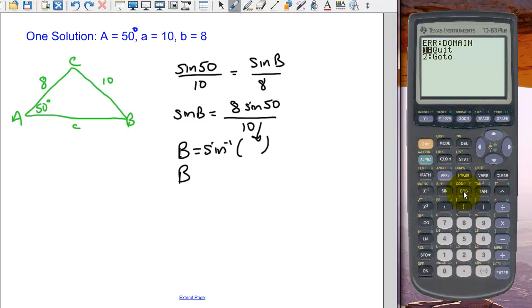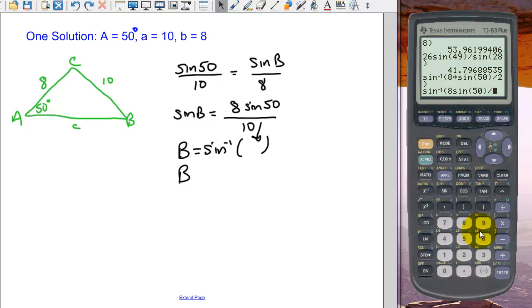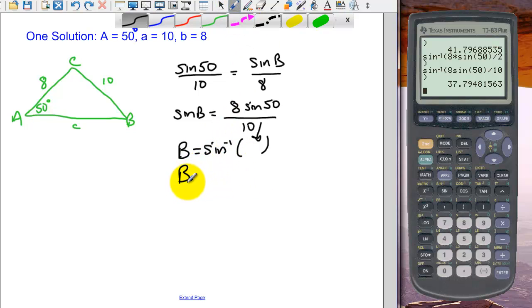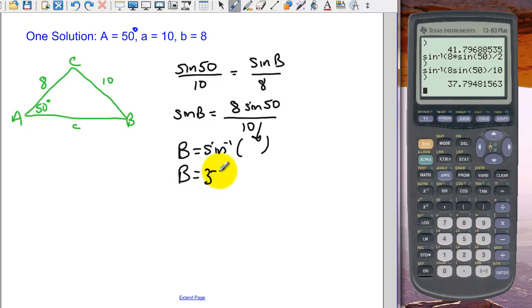So if we use our calculator here, we have the inverse sine of 8 times the sine of 50 divided by 10, and we get our acute solution, which is 37.8 degrees. Now we know we're going to get an acute solution because if you remember the lesson on inverse sine, the inverse sine function always returns angles between positive and negative 90 degrees. It always returns an acute angle.